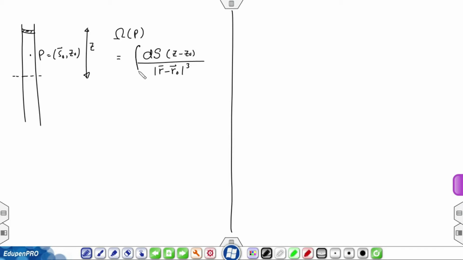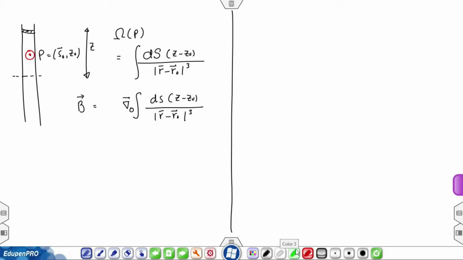And therefore, the small field due to this loop is going to be equal to grad of the integral of ds, Z minus Z 0 over mod R minus R 0 cubed, and let me put this grad with respect to the 0th variable, because the gradient is taken with respect to the coordinates of the point P. This is dB.